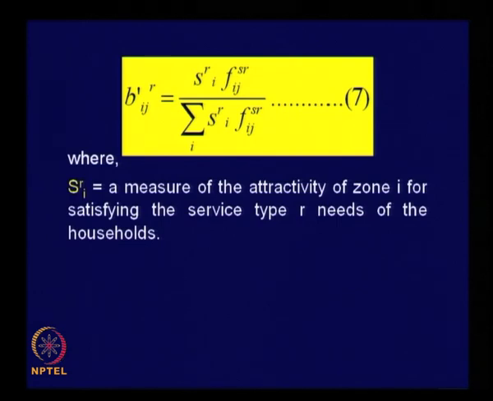S_r I is nothing but a measure of the attractivity of zone I for satisfying the service type or needs of the households. You must understand we will be distributing the different types of service center based on the attractivity of different zones for this particular service.